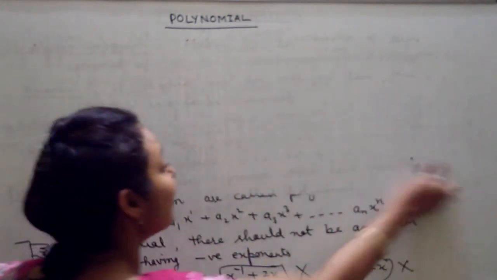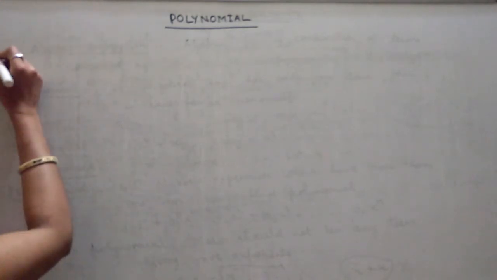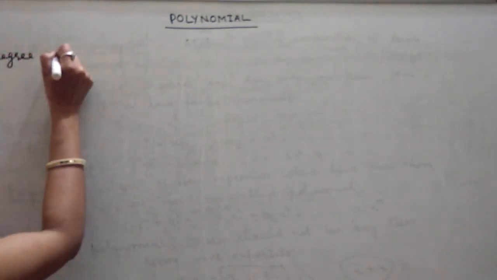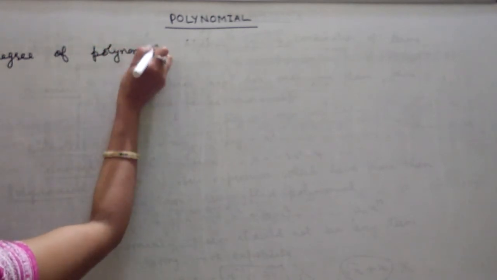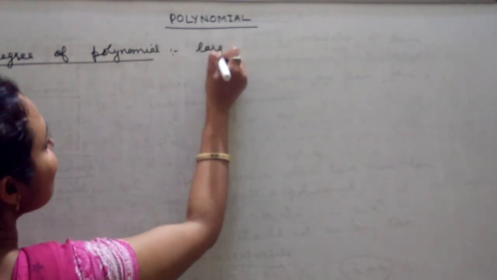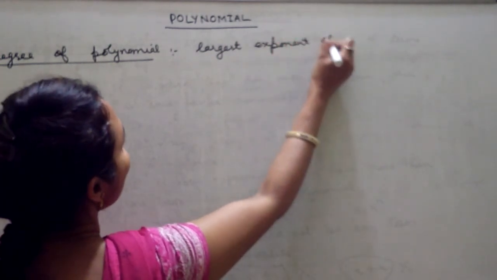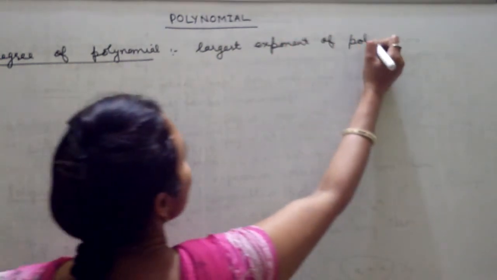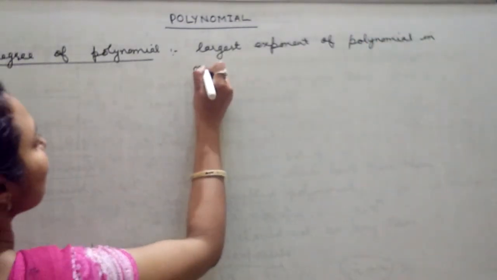Degree means the largest exponent of a polynomial in one variable.